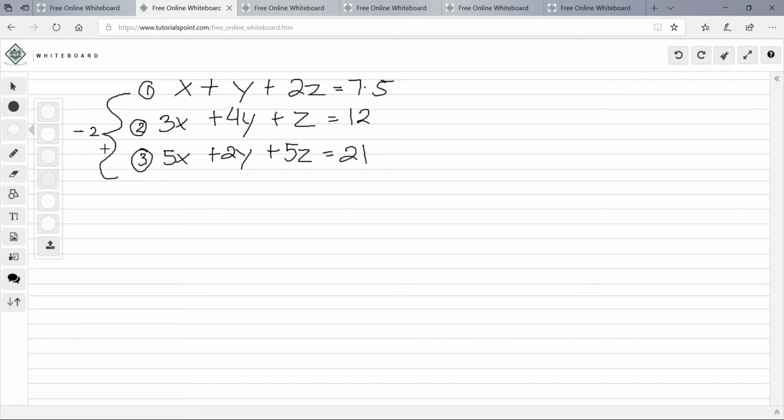The top equation, number 1, stays the same, so I'm just going to rewrite it as x plus y plus 2z equals 7.5. And then equation 2, I'm going to multiply by -2, so it's going to be -6x, -8y, and then -2z equals -24.